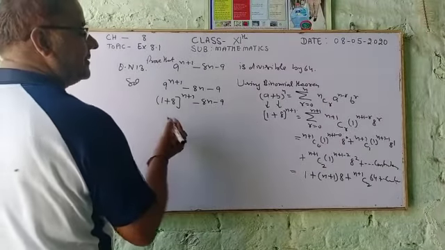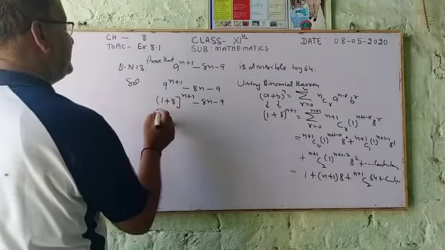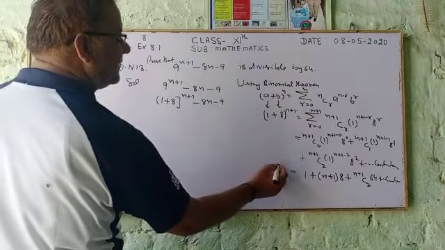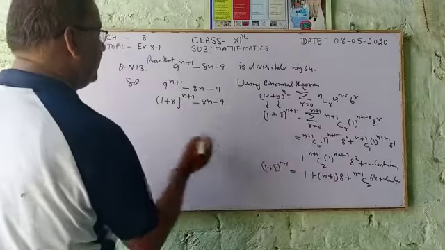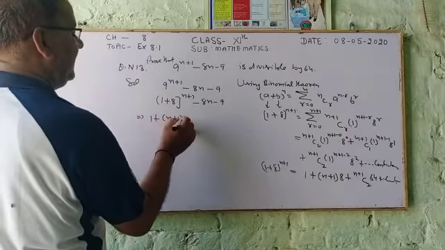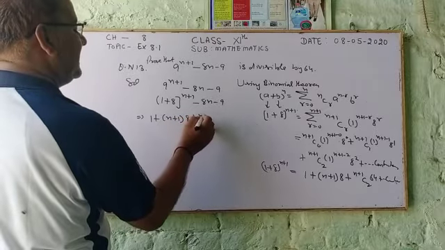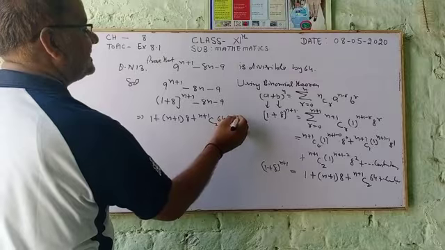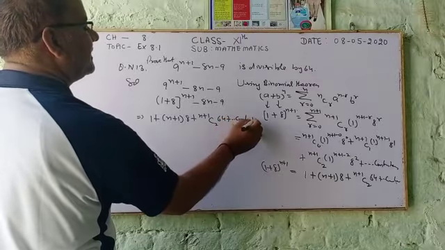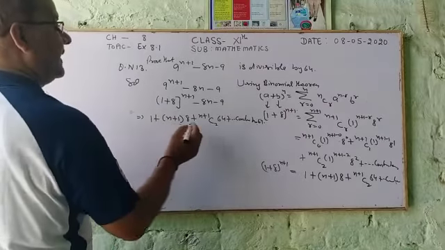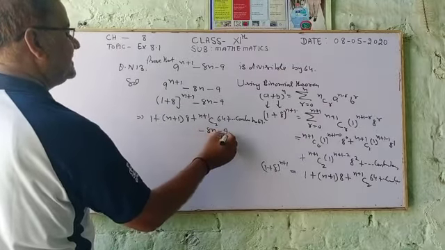So we write here, (1 plus 8) raised to power n plus 1 becomes equal to 1 plus n plus 1 into 8 plus n plus 1 C2 into 64 plus terms containing powers of 64 also, and minus 8n minus 9.